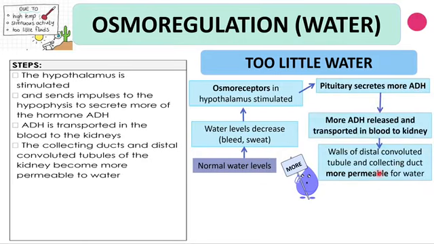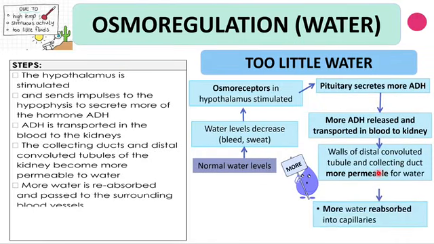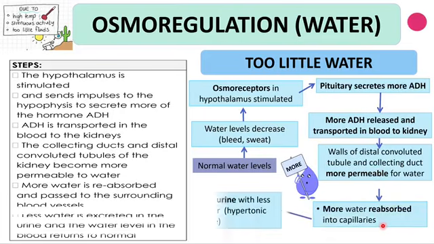So I'm opening up the doors, and that allows more water to be reabsorbed, and therefore the water balance is restored. There's then less water left in the tubule, so the urine will be more concentrated, or even just less urine will be formed.